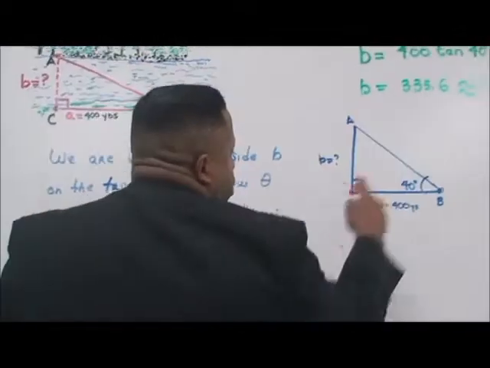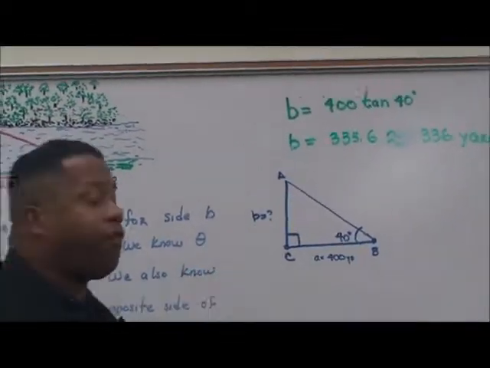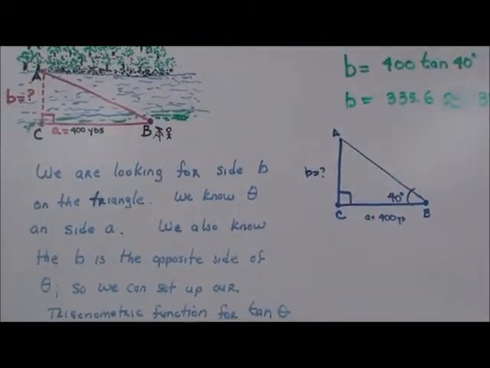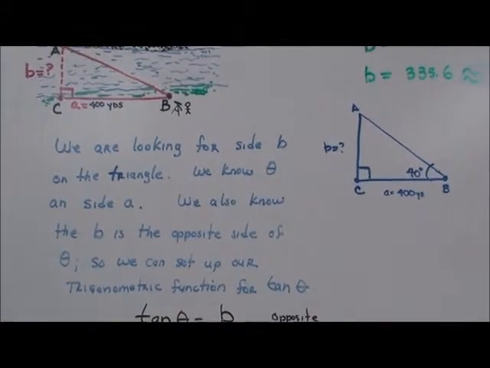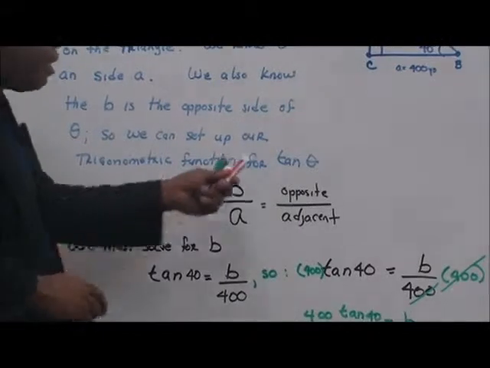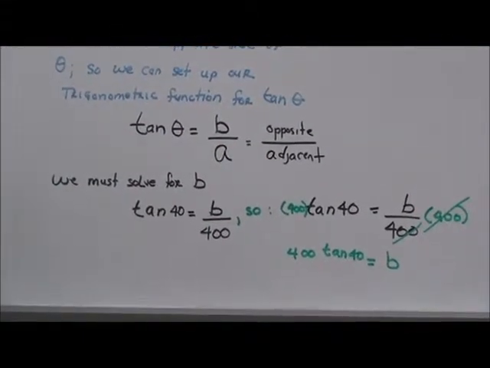We have the angle 40 degrees, and now we have to find B, which is the width. Setting this up, tangent theta is equal to B divided by A, which is the opposite side over the adjacent side. So we must solve for B.